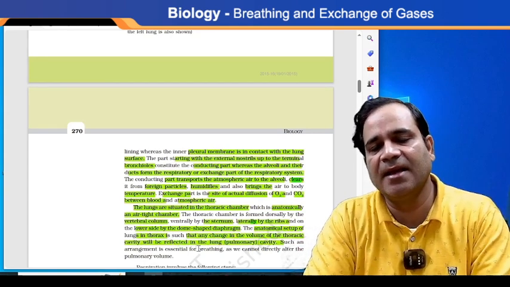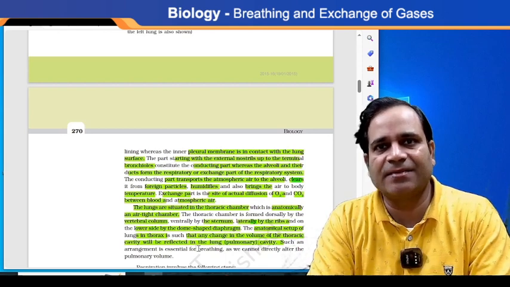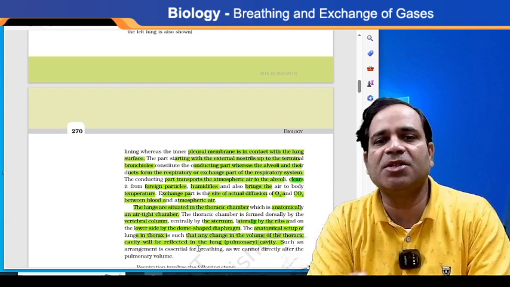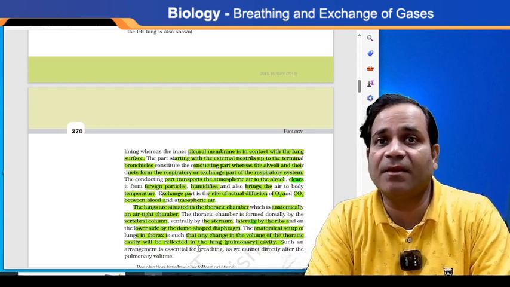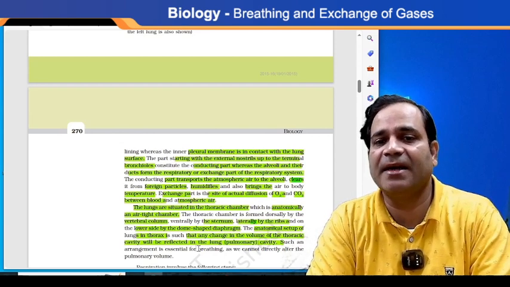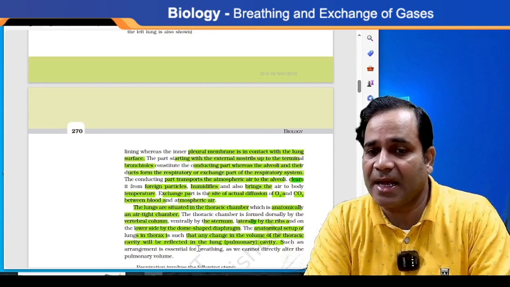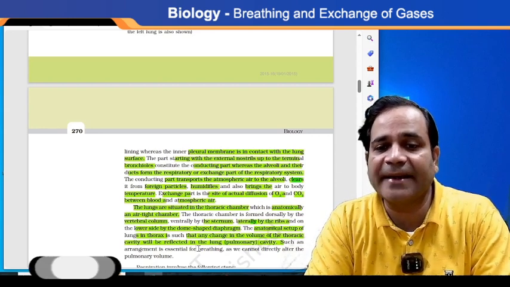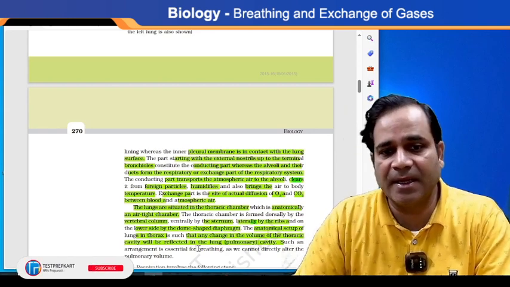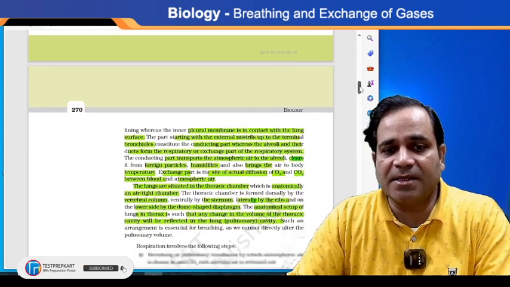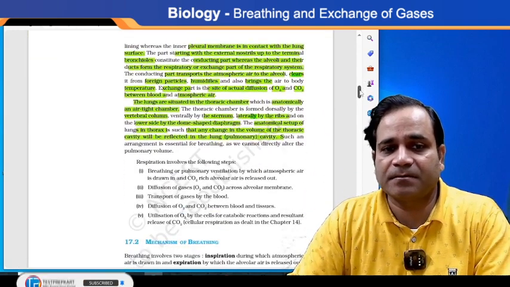So the exchange of gases always takes place with the help of the pulmonary cavity. Such an arrangement is essential for breathing, as we cannot directly alter the pulmonary volume, isn't it?